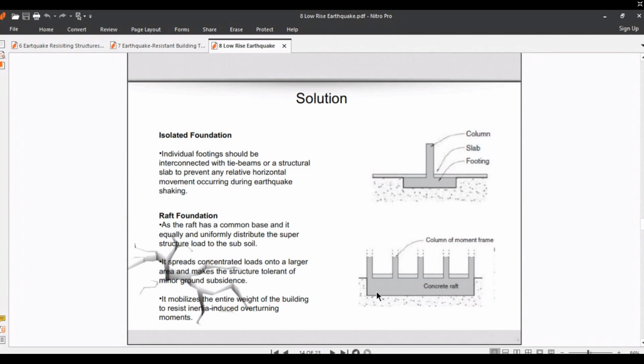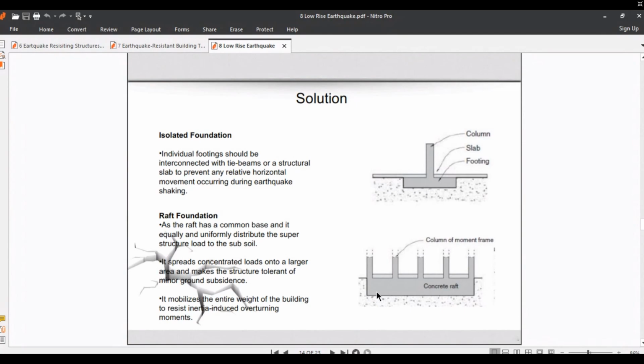Another way to solve the differential settlement problem in foundations is using the raft foundation. As the raft has a common base, it equally and uniformly distributes the superstructure load to the subsoils. You can see in this schematic shape the concrete raft.